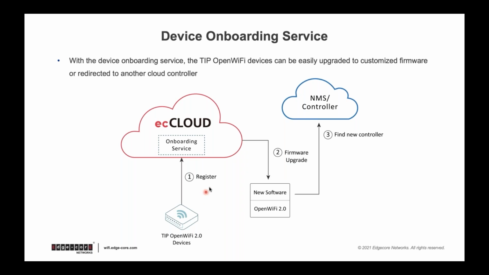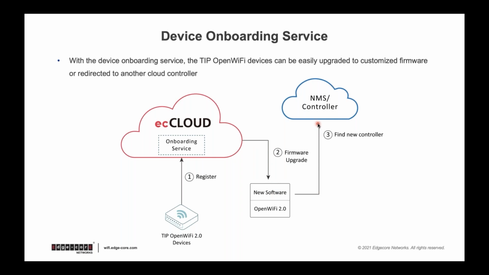In the registration process, the AP will send its MAC address to ecCLOUD, and then the onboarding service will check whether this MAC address is registered for the onboarding process. If it is, then ecCLOUD will do the proper operations, for example, upgrade the firmware or redirect the device to another cloud.